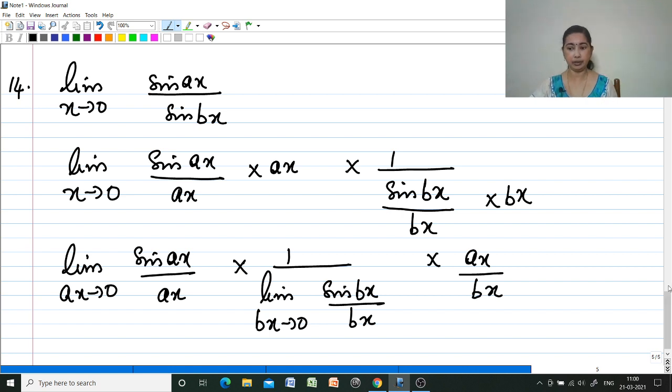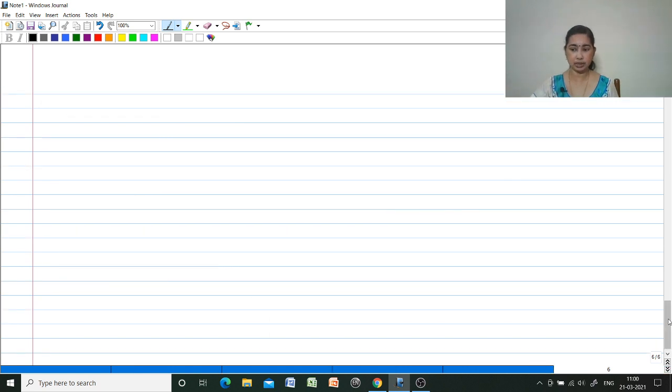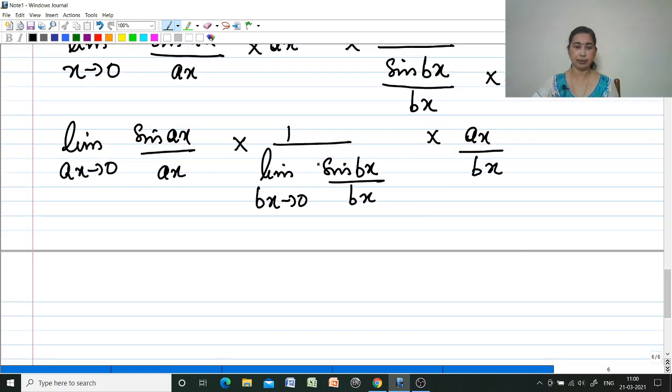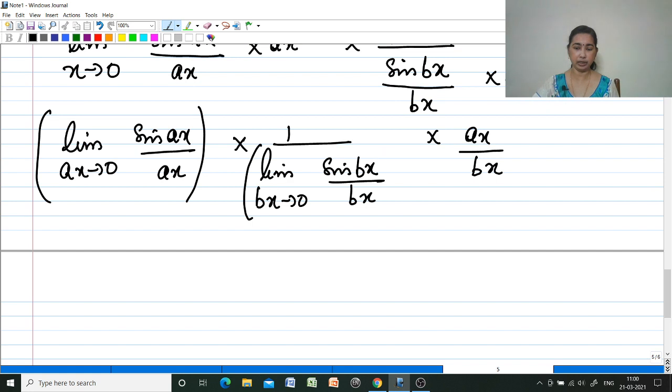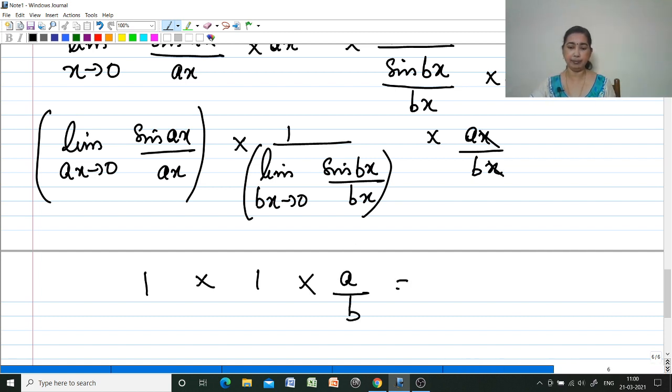Now apply the limit for each term. The first part, if you apply the limit, we know it is 1. If you apply the limit over here, it is also 1. So 1 into 1 into this x can be cancelled from numerator and denominator. Remaining, we are getting A by B, and the answer is A by B.